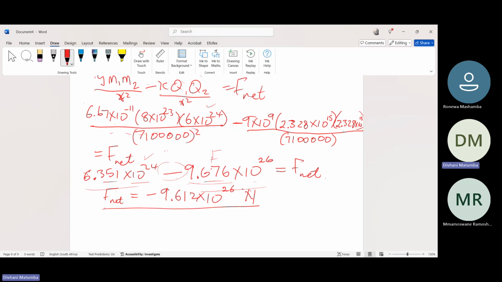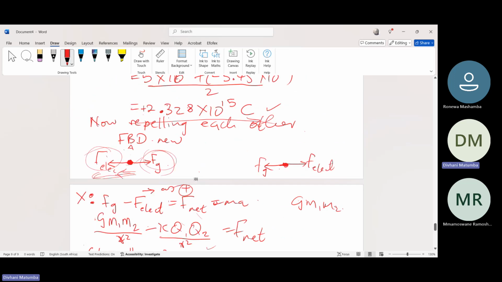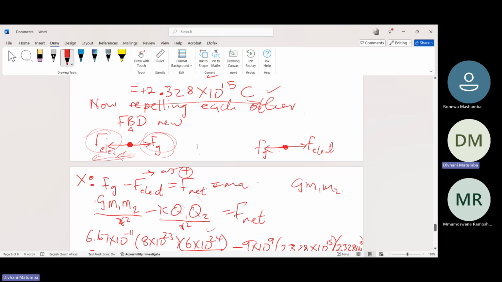Our F net is a negative number. What was our initial direction? To the right was positive. So if we got a negative answer, where does our net force point? To the left.